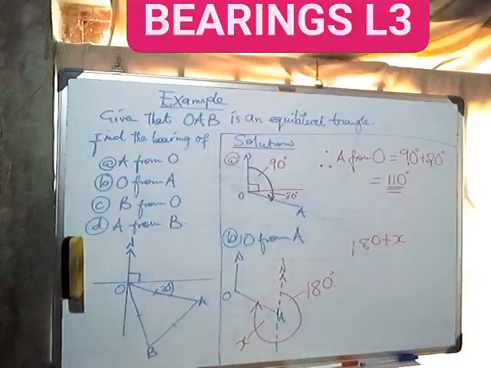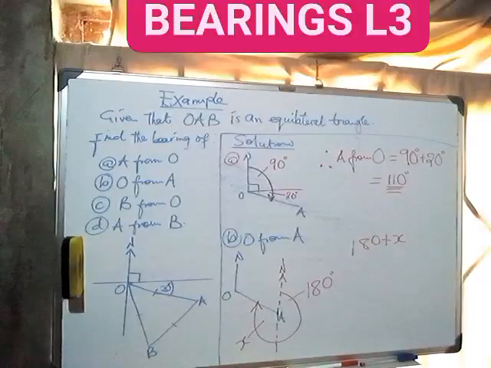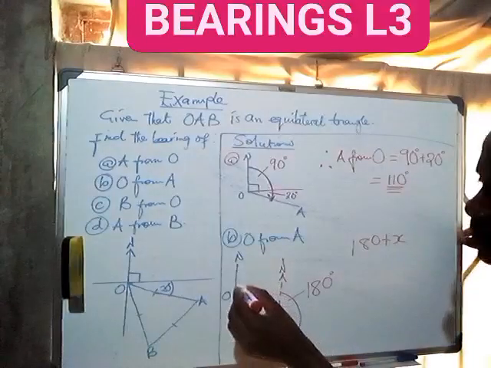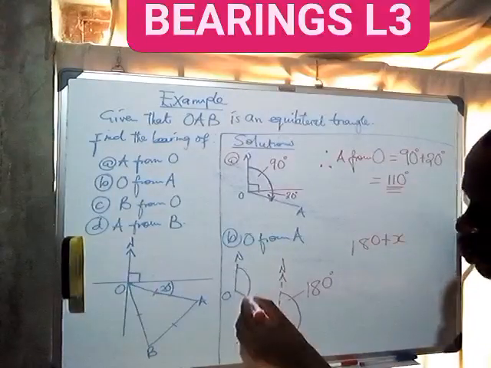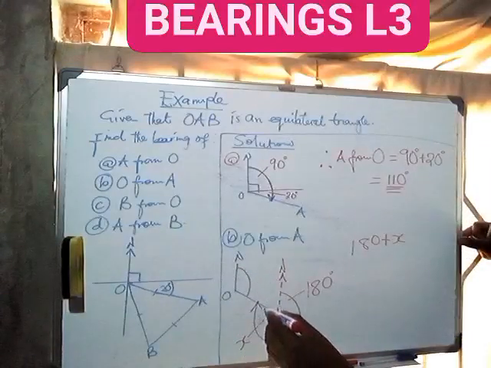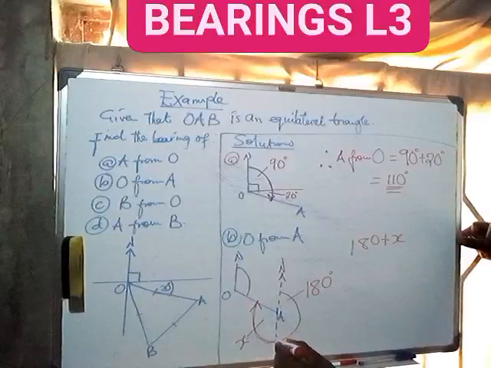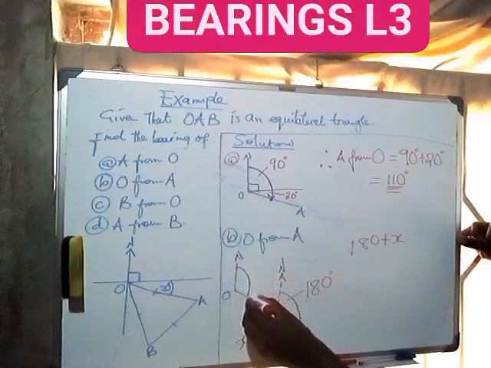Now, there's another principle. Of course, we can use the principle from the previous video, but we have the principle which says opposite angles are equal. So this means that this angle here is the same as this angle here.